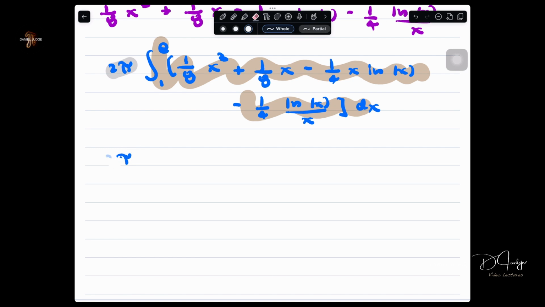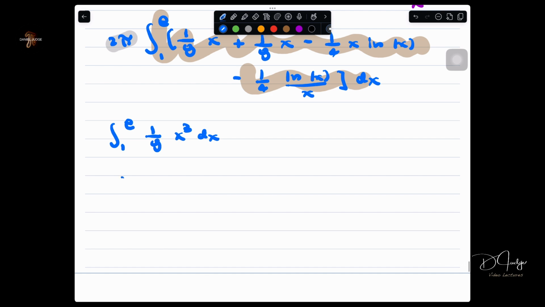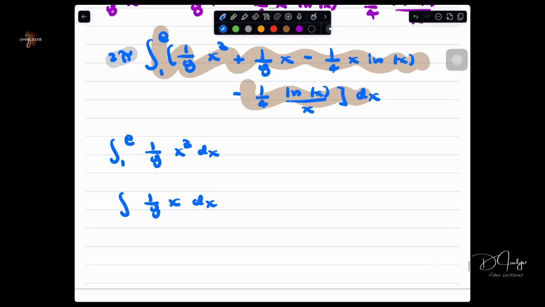Okay, so bear with me on that. So, all right, 1 to e, 1/8 x cubed dx. And then we have 1/8 x dx. I mean, let's just write all the properties. Let's use properties of integrals here.